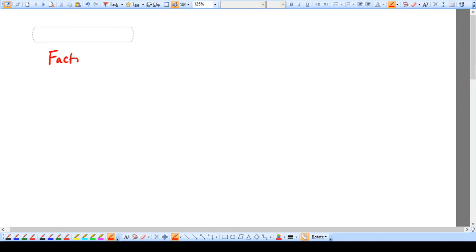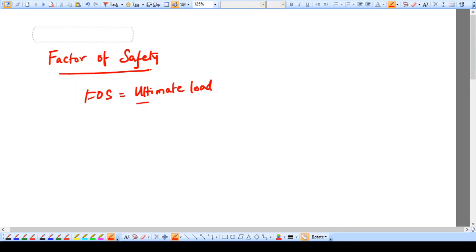Factor of safety. Factor of safety is defined as the ratio of ultimate load to the allowable load.